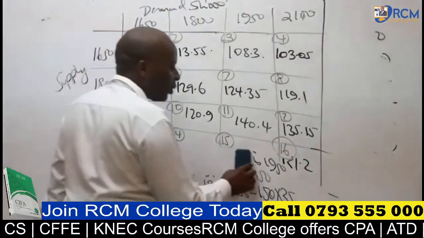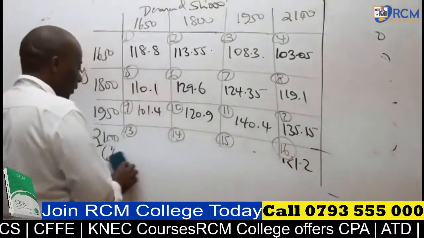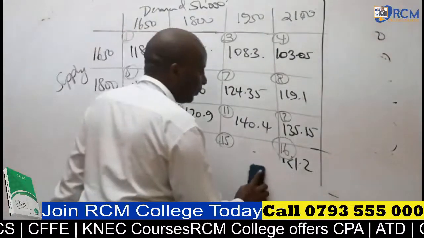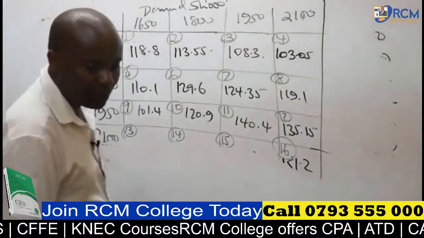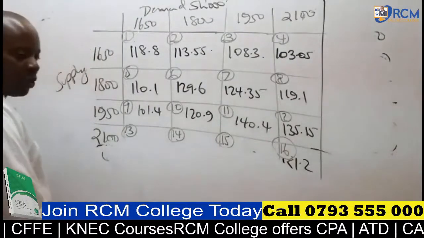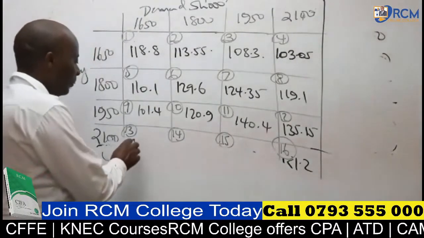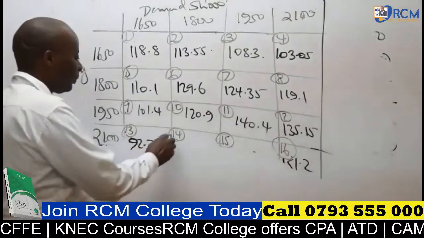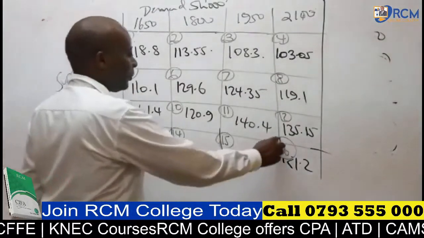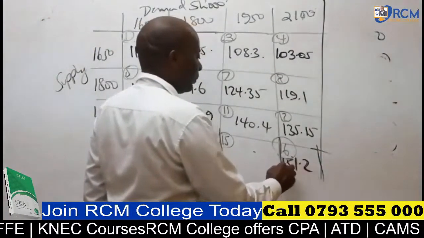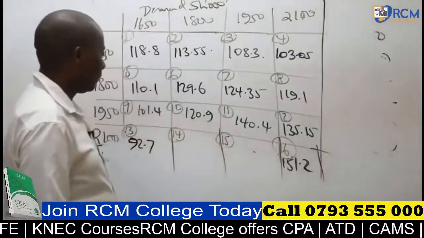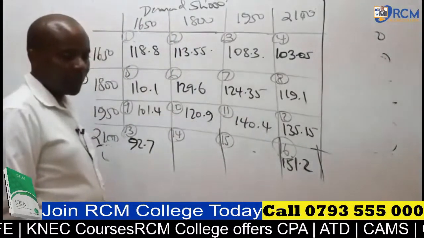So Omar, are we together? Cell number 13 is 92.7. Thanks.